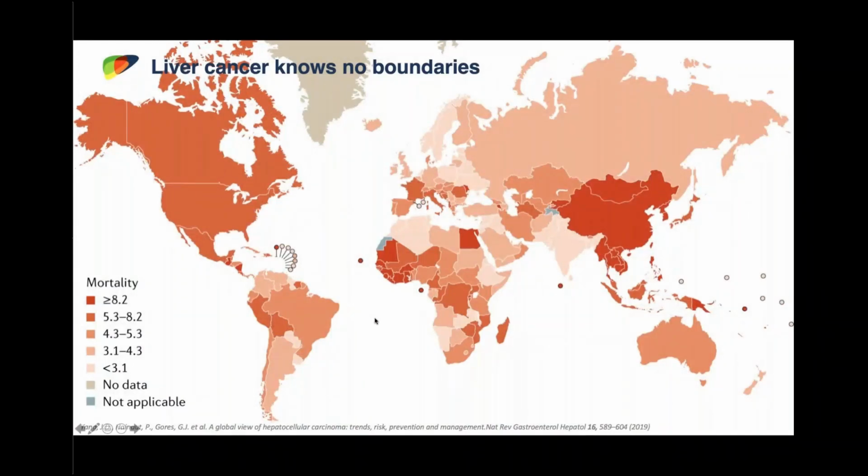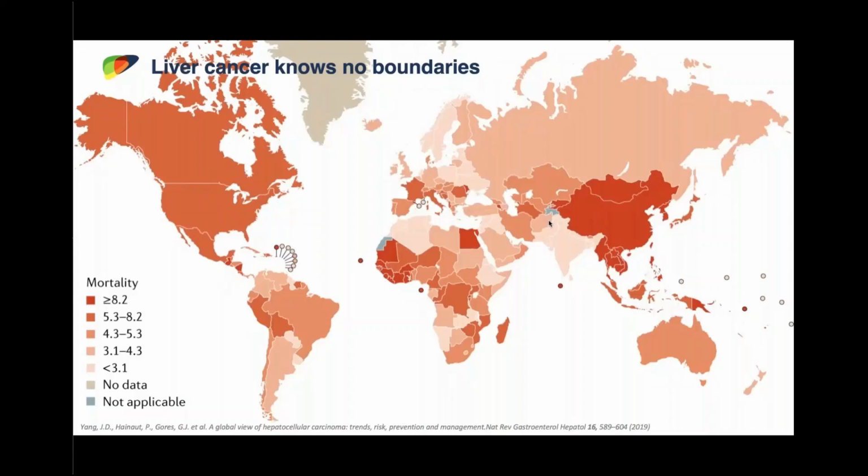Now, earlier I showed you a map of the coronavirus. Here is a map from 2019, 1 year ago, showing the mortality around the world due to liver cancer. And notice that every single country on the planet Earth, with the exception of just a few countries where we don't have the information, are affected by liver cancer.